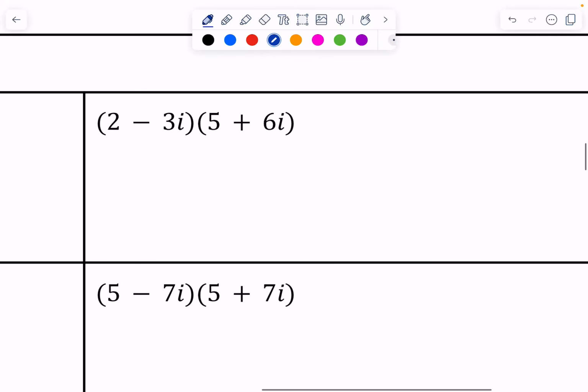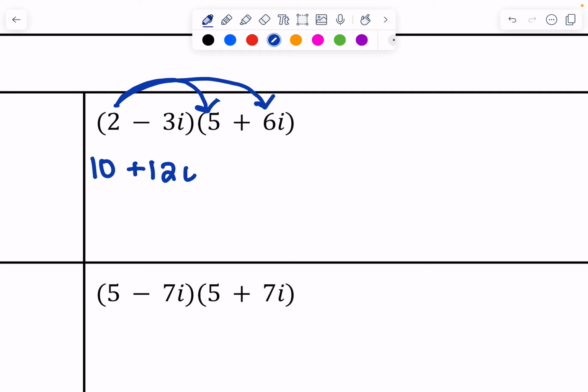All right, for this next one, we're going to have to distribute a little bit. So we're going to have 2 times 5 is 10. 2 times 6i is 12i. Negative 3i times 5 would be negative 15i. Negative 3i times positive 6i would be minus 18i squared.